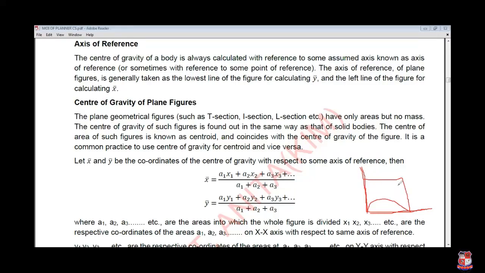If it is given, then it is okay. If it is not given, then you have to consider the outermost axis of your object. That applies to all objects when it is not given.